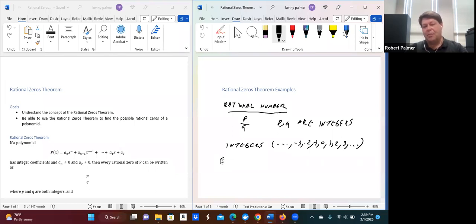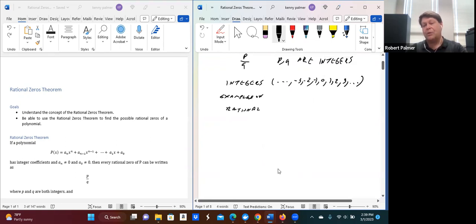Okay, so some examples of rational numbers over here, then also irrational numbers or not rational numbers.